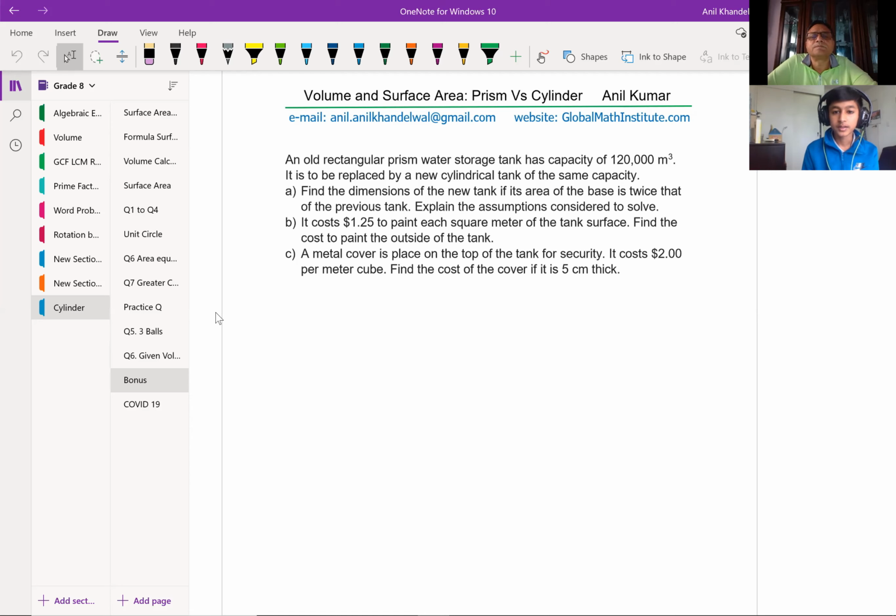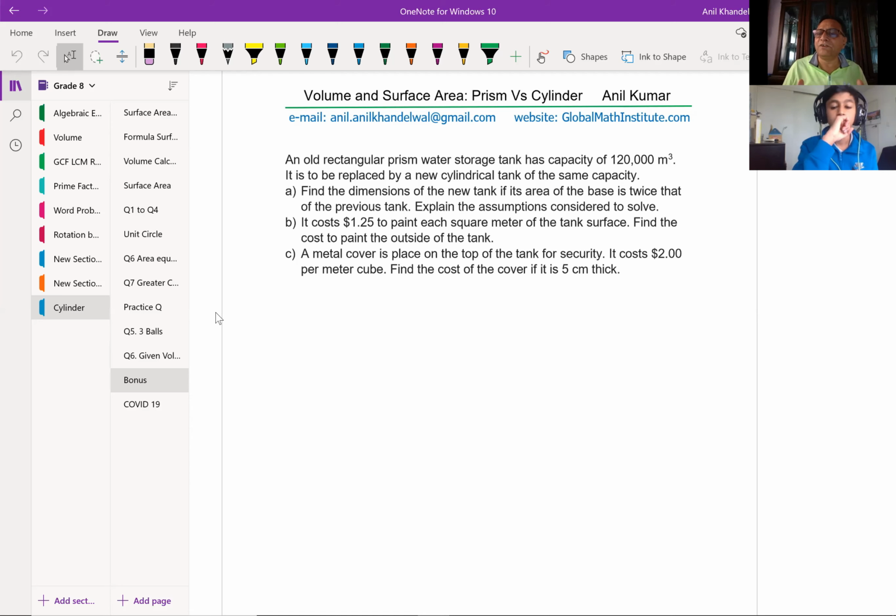So the base of the rectangular prism must be similar to pi r squared. Okay. So first thing you need to do is find the dimension of the rectangular prism itself. In this particular case, they are saying find the dimension of the new tank if its area of the base is twice that of the previous tank.